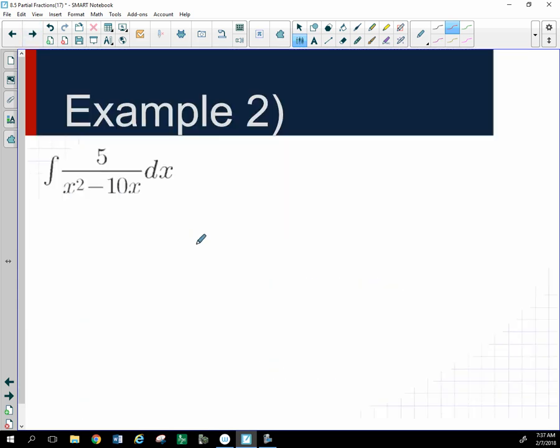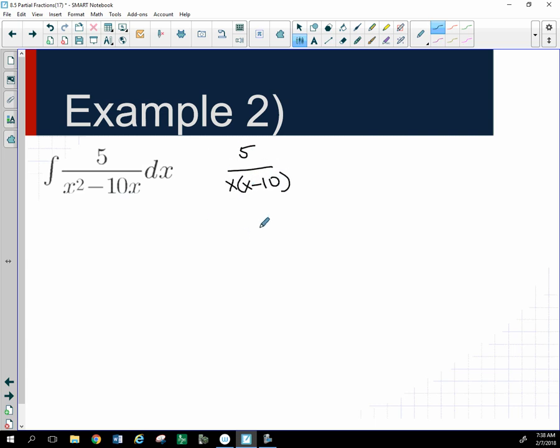All right, moving along then. So let's try something that looks like this. And in this case, still a quadratic. With this being my quadratic, I'm going to integrate this thing. I'm going to do partial fractions, and I'm going to get the factors. And the factors are, in this case, x times x minus 10.